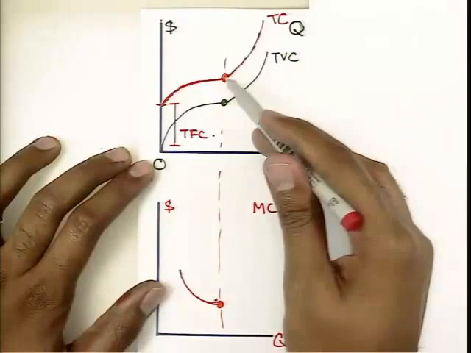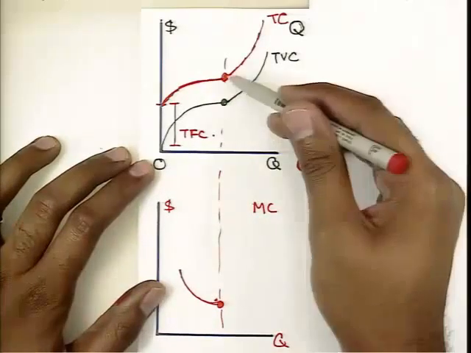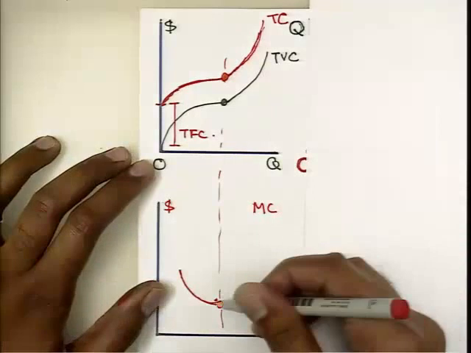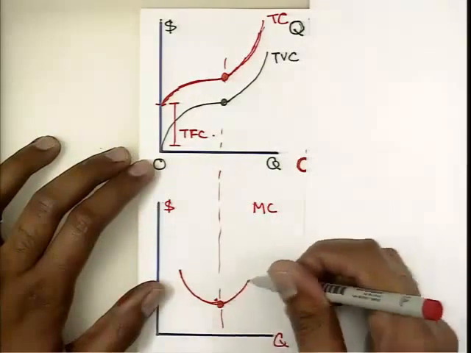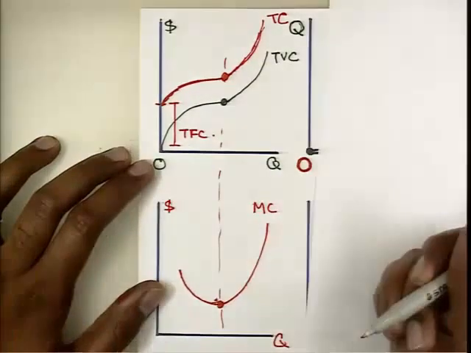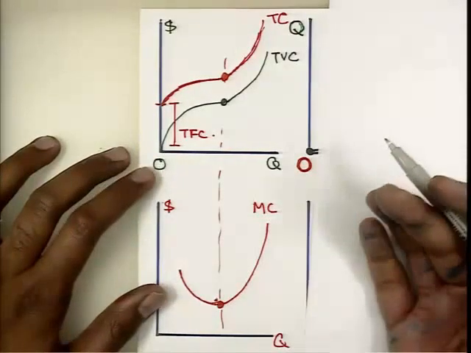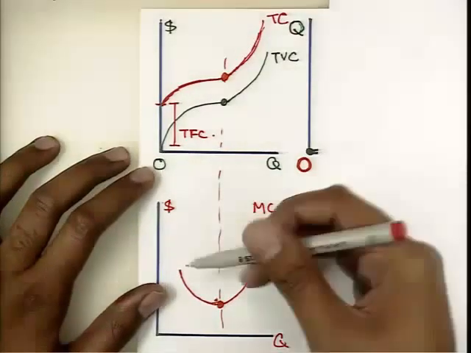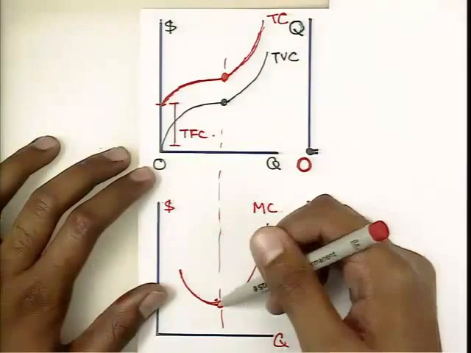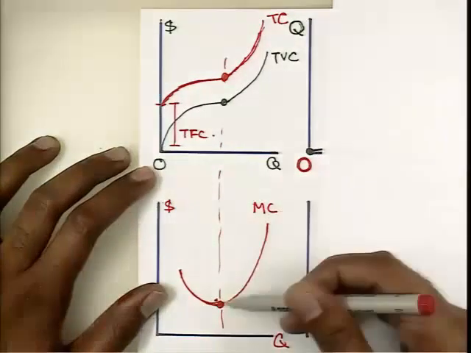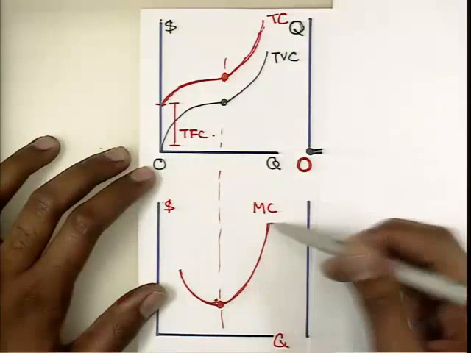After a certain point, cost begins to increase at an increasing rate, so your marginal cost begins to rise. So your marginal cost curve has this J shape. Initially, cost is increasing at a decreasing rate, then cost is increasing at an increasing rate.